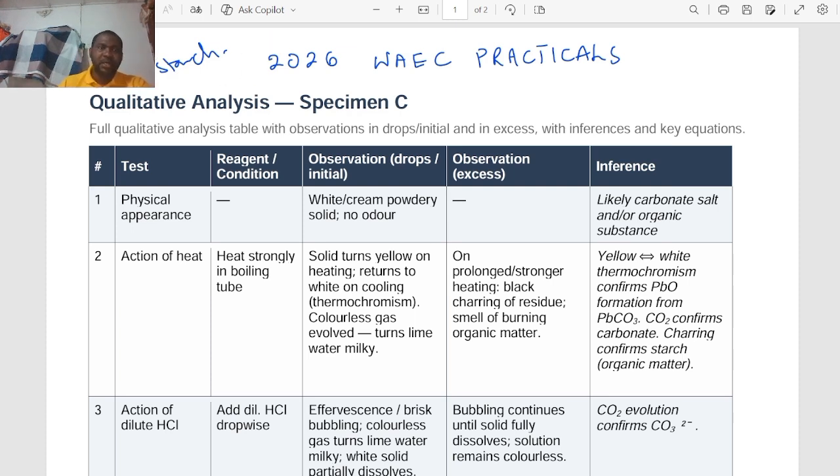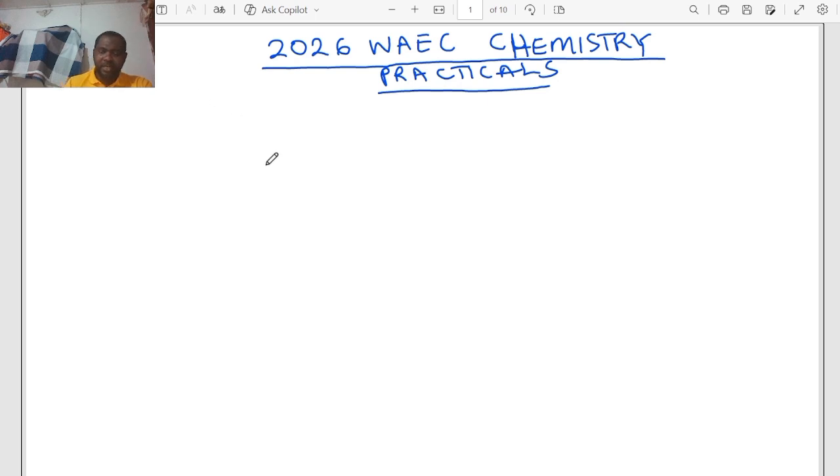Now I'm going to start by talking about some of the reagents we are going to be using in the practicals. Remember, the specimen, the mixture, though you are not supposed to know, is a mixture of lead carbonate and starch. Some of the reagents you'll be given are barium chloride, silver nitrate, hydrochloric acid, H2SO4, and HNO3.